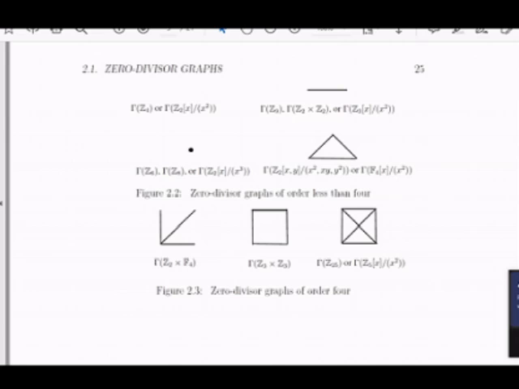These are not isomorphic: Z9, Z2 cross Z2, and the polynomial ring with coefficients from Z3 modulo x squared. The zero divisor graph of each one of them will give me this.